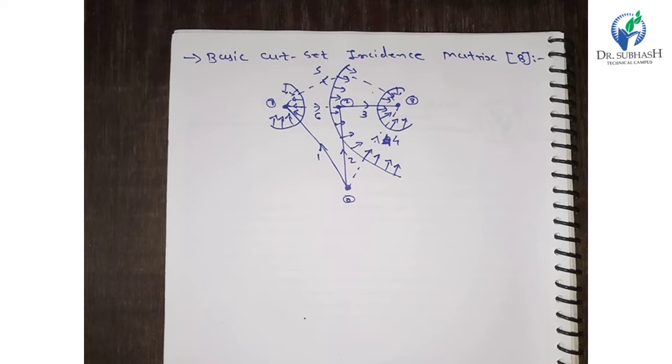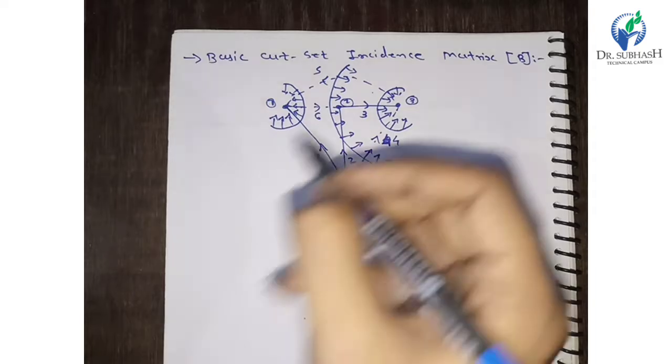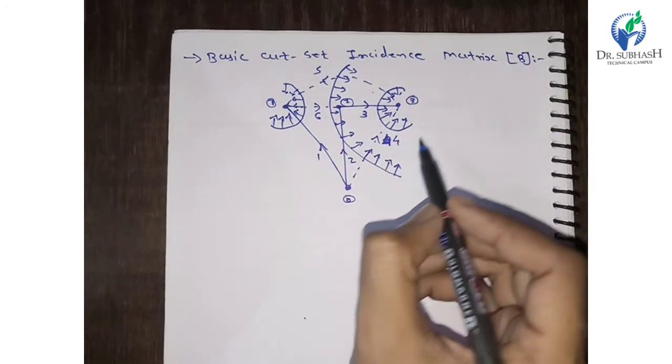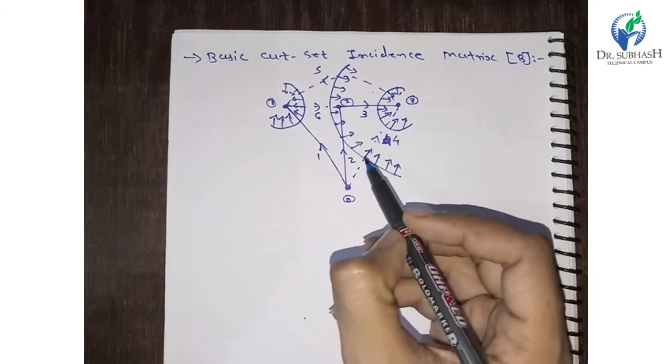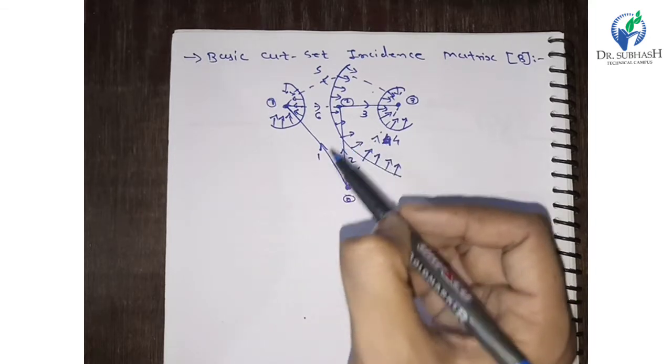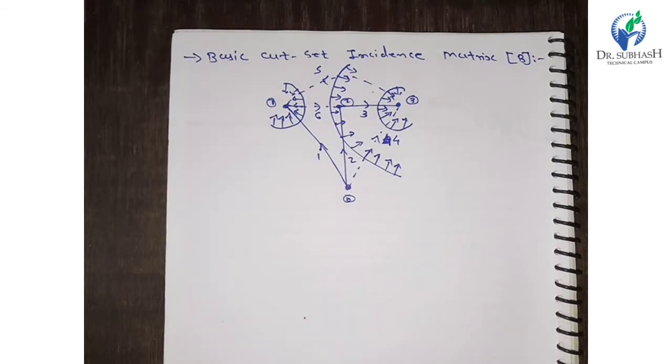Now we take the next point, the basic cut set incidence matrix. The basic cut set incidence matrix is denoted by the symbol B, capital B, and here is a figure of an oriented graph which can represent a cut set incidence matrix.